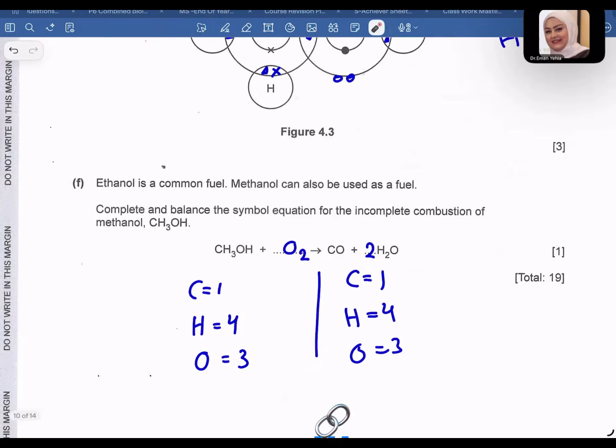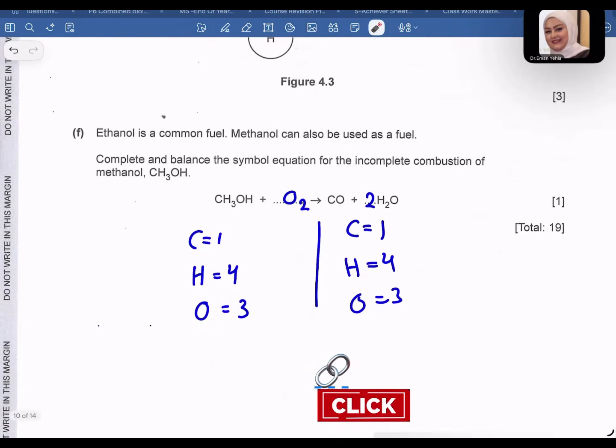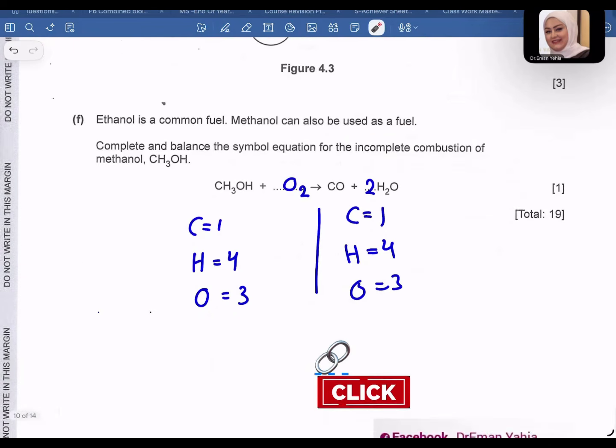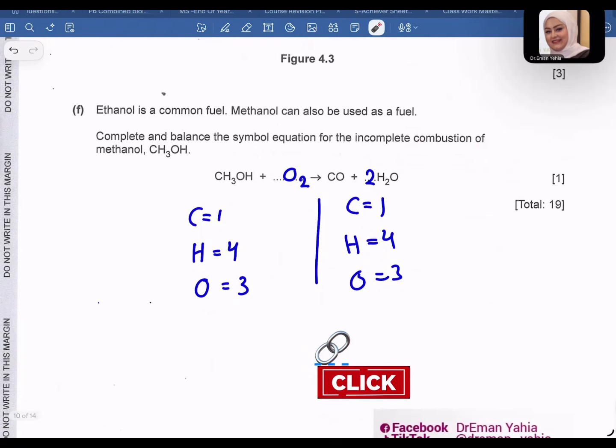Like ethanol is a common fuel, methanol can also be used as a fuel. Complete the balanced symbol equation for the incomplete combustion of methanol. So incomplete combustion produces carbon monoxide and water, just balance the equation. 1 C here and 1 C in the product. And how many H's here? 3 and 1, so you have 4 H. So put 2 next to the water to make the total number of H 4.